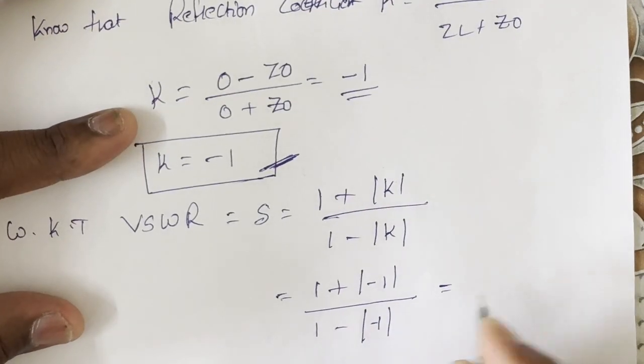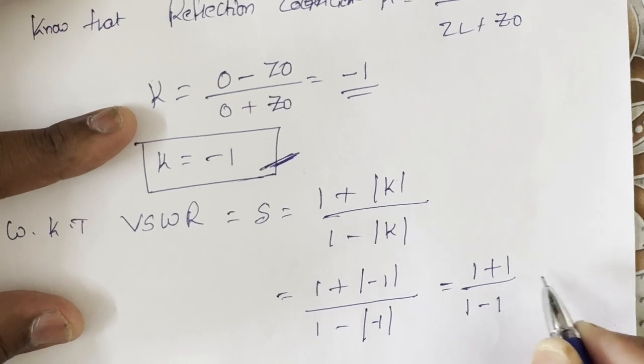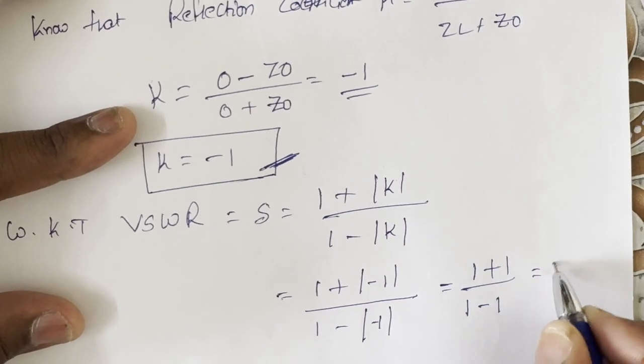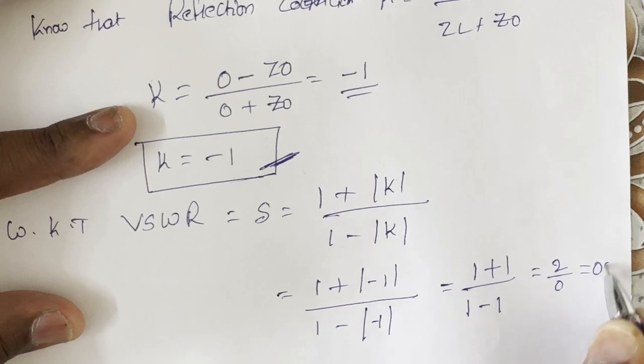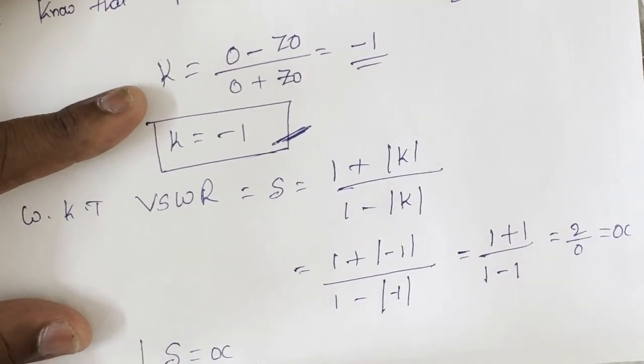That is equal to simply 1 plus 1 by 1 minus 1, that is equal to 2 by 0, that is equal to infinity.